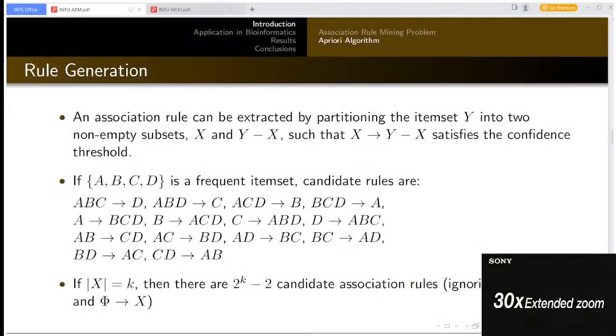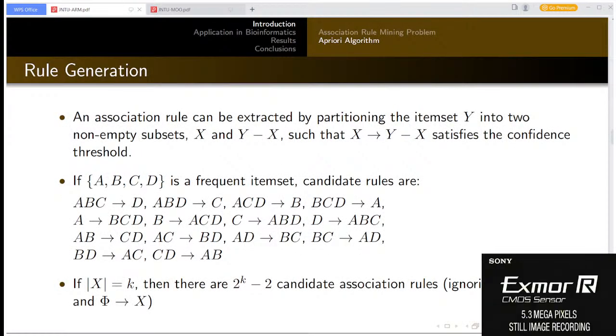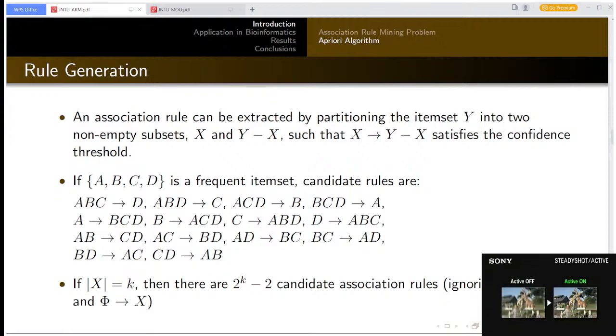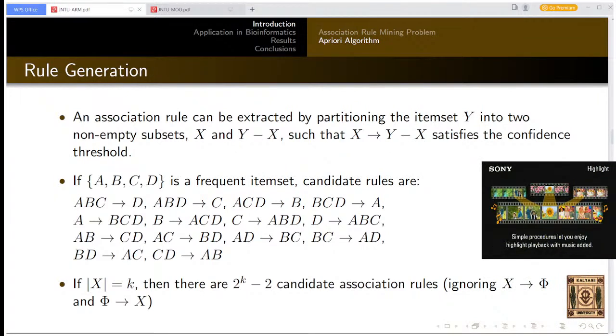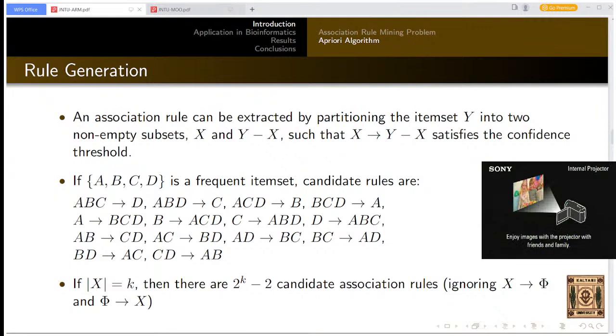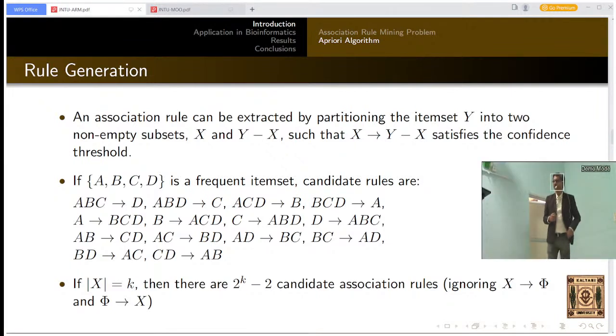Now, once you have extracted all the frequent itemsets, it is time to extract the rules, because our final goal is to extract the rules. If ABCD is a frequent itemset, what are the rules that can be extracted from it?